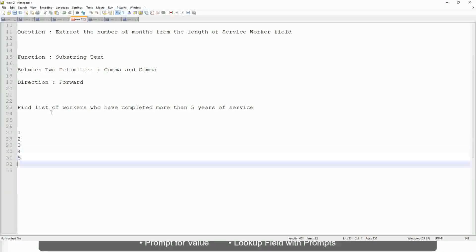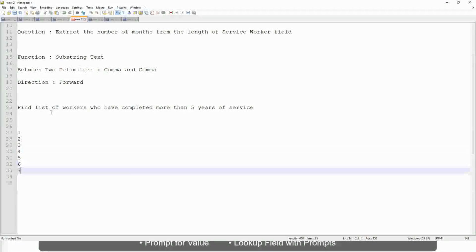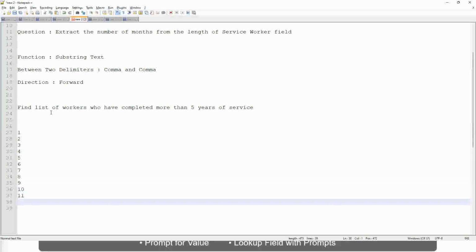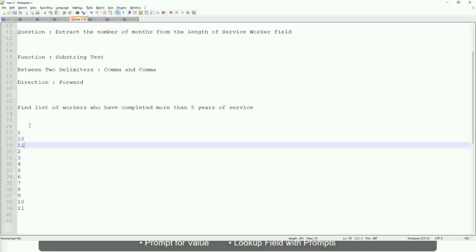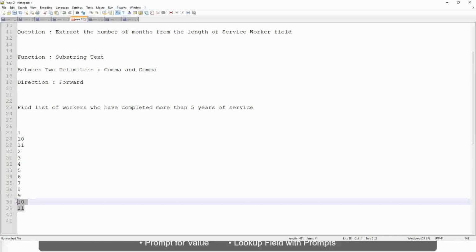So if we had 1, 2, 3, 4, 5, and then 6, 7, 8, 9 and 10 and 11 and so on, how would they arrange it? Because if it is a text, how it is arranged after 1, it is 10. And after 10, it is 11. And then it does this.